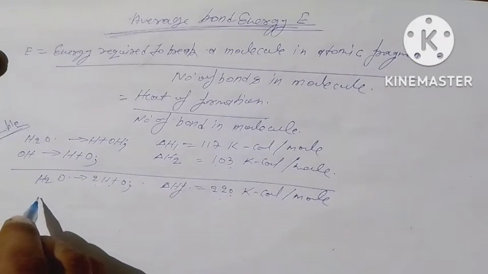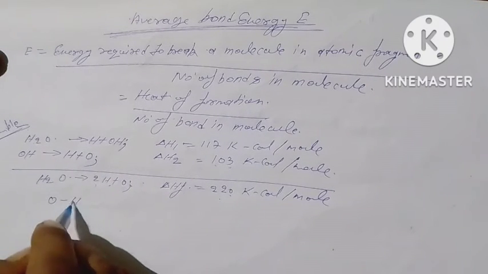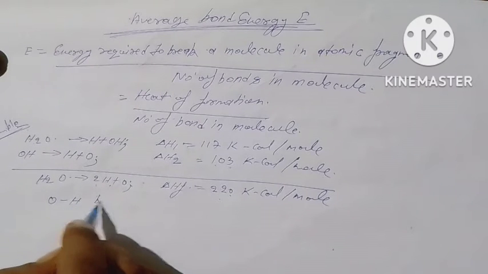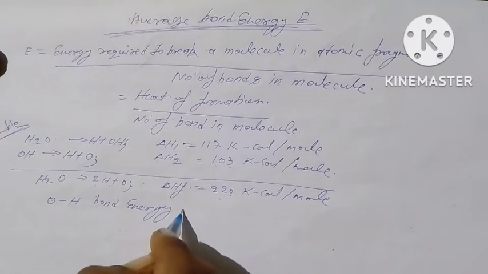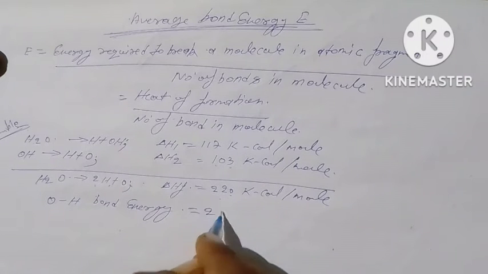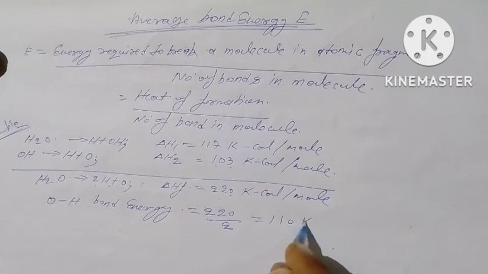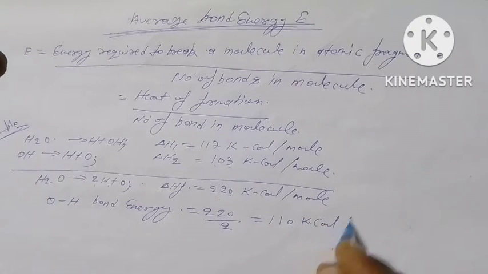That is the OH bond energy. OH bond energy equal to 220 upon 2, that is 110 kilocalorie per mole.